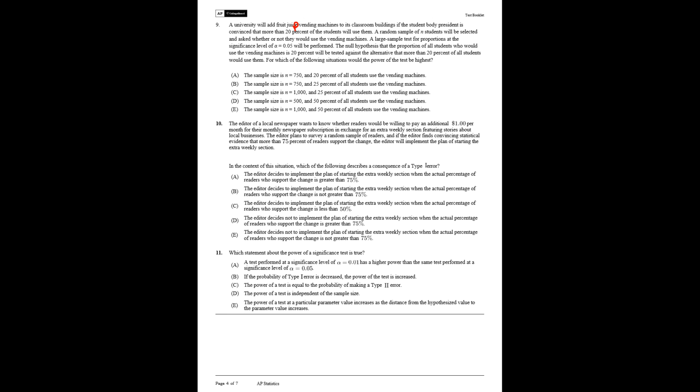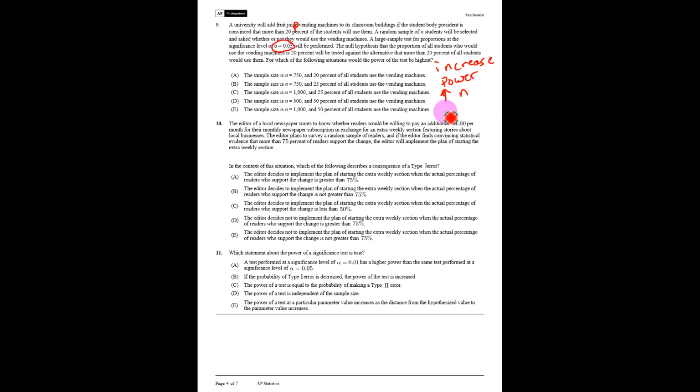For which of the following situations would the power of the test be highest? So we want to increase power, so we want a higher sample size. We're not changing the significance level. If this went up, we could do that. Nothing is about that.